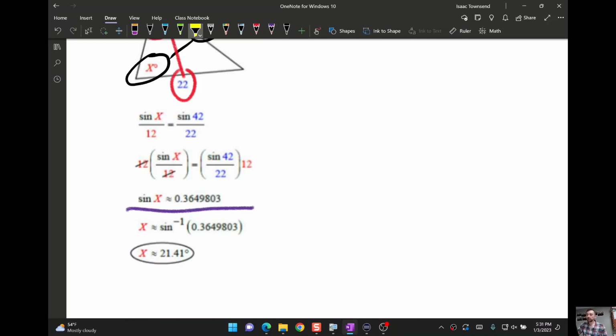So right here, you probably want to put a star in your notes because you'll have to do this for angles. You'll want your calculator to be in degree mode because we're going to want a degree. And to go from sine x equals to just x equals, you have to do inverse sine of that. That way you're asking your calculator what angle has a sine of that, and then it will handle it from there.